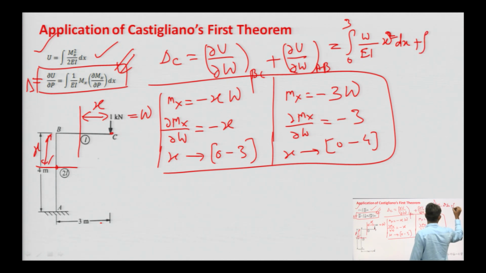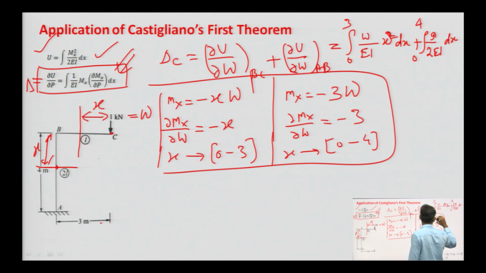Now, for AB, the limit is 0 to 4, divided by 2 E I, not E I, 2 E I, and minus 3 gives 9, and dx. Okay, so this is the value.